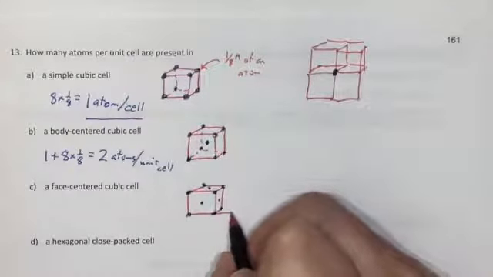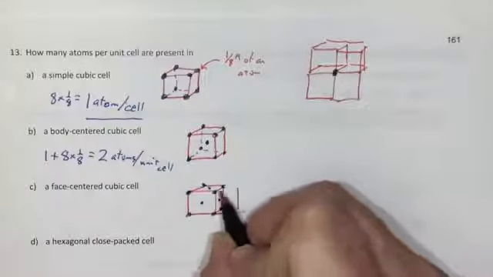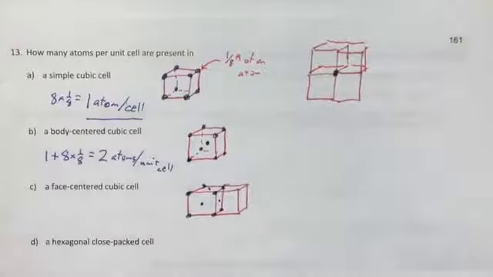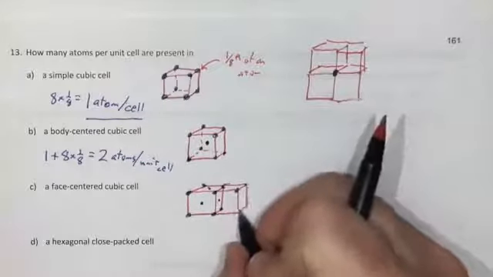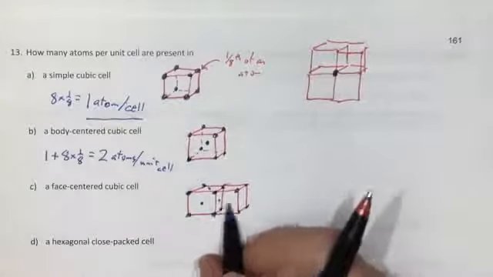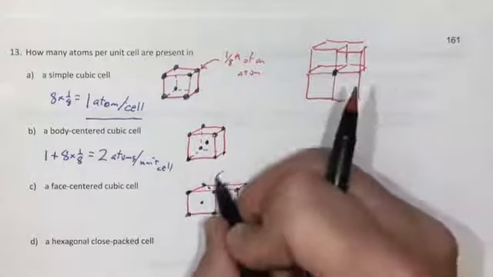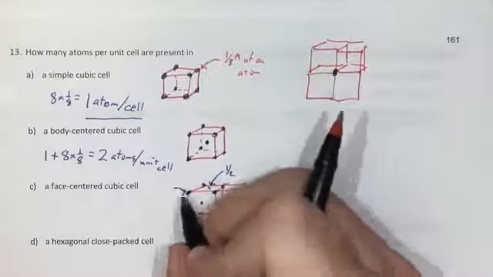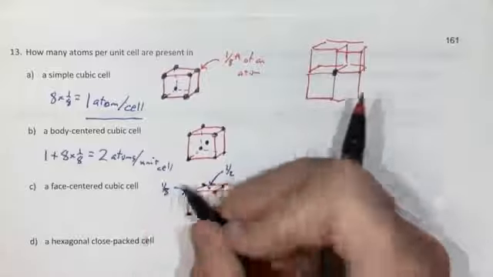So here's another cubic cell, and you can see that the one in the center of this face is shared by 2. So the one in the middle is half of an atom, whereas the one at each corner is 1/8 of an atom.